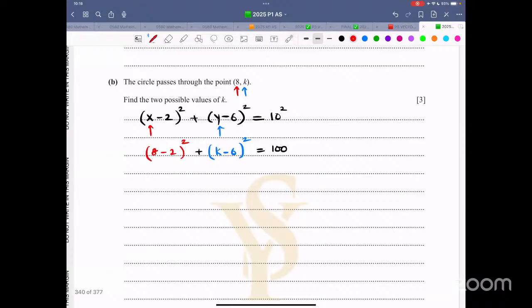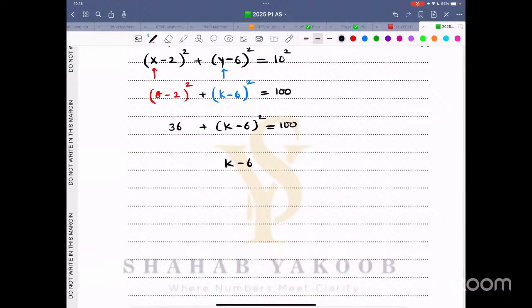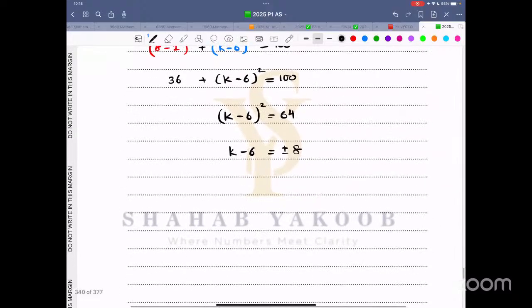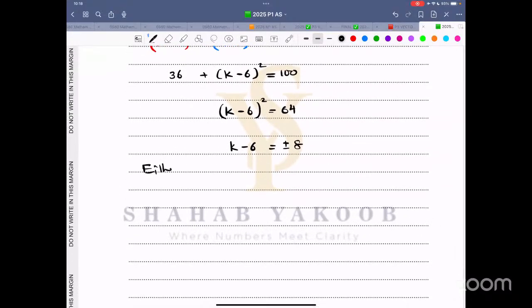So now let's simplify. This is 6 square, which is 36. So (k minus 6) whole square is 100. Therefore, (k minus 6) whole square is 100 minus 36, which is 64. K minus 6 equals plus minus 8. Write both the options unless there is some limitation.